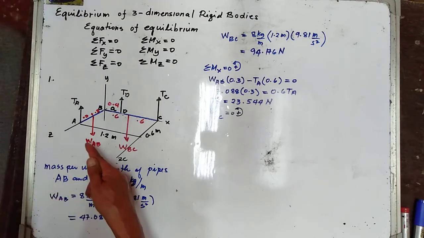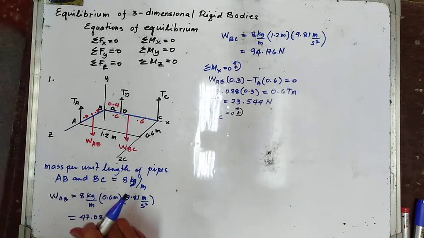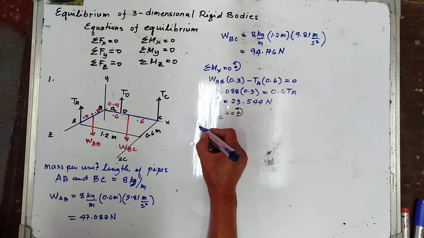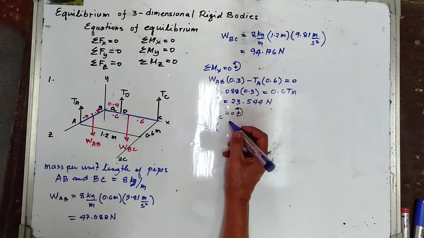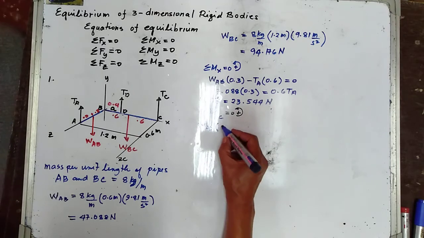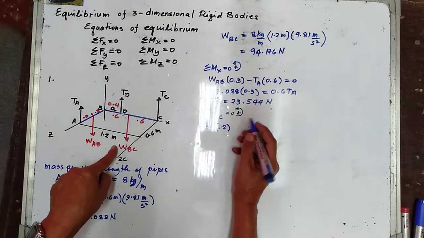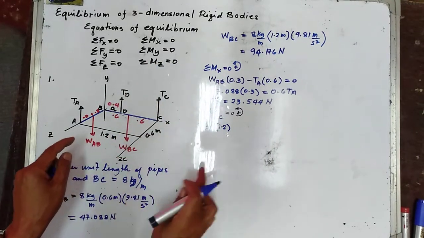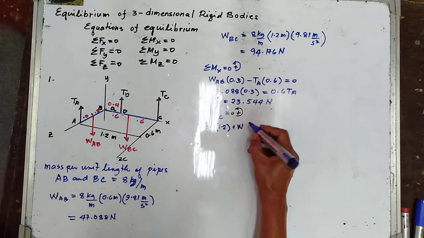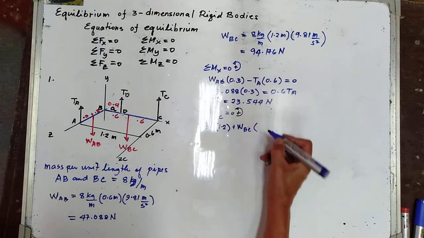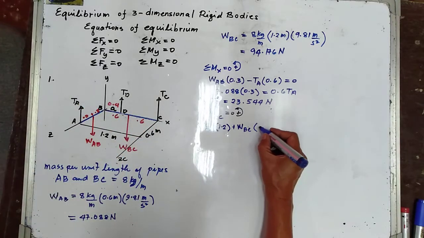So WAB about the Z is counterclockwise, so WAB multiplied by the moment arm 1.2, plus WBC, the moment arm is 0.6.